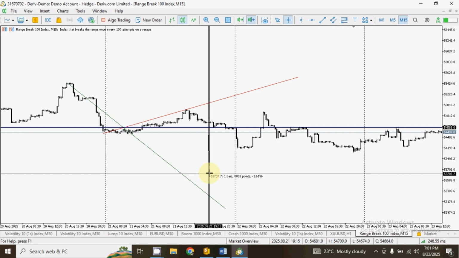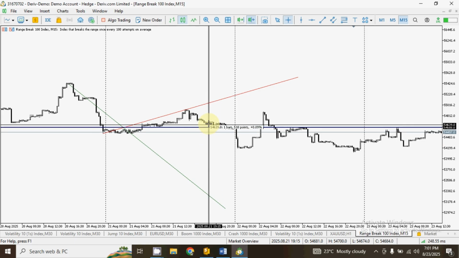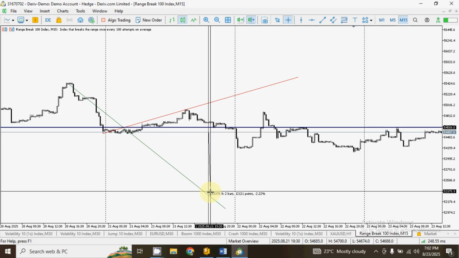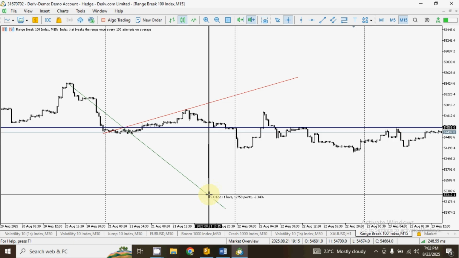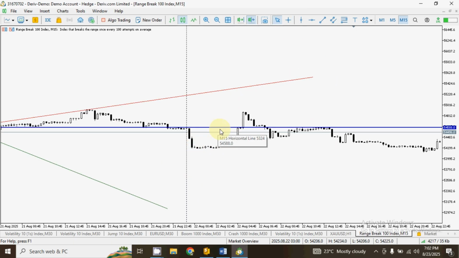Then check the corresponding vertical distance from the horizontal line upwards. You can see that for this one we have 4,593, which means we have more points downwards, which means the market is probably going for a sell for this new day, right?